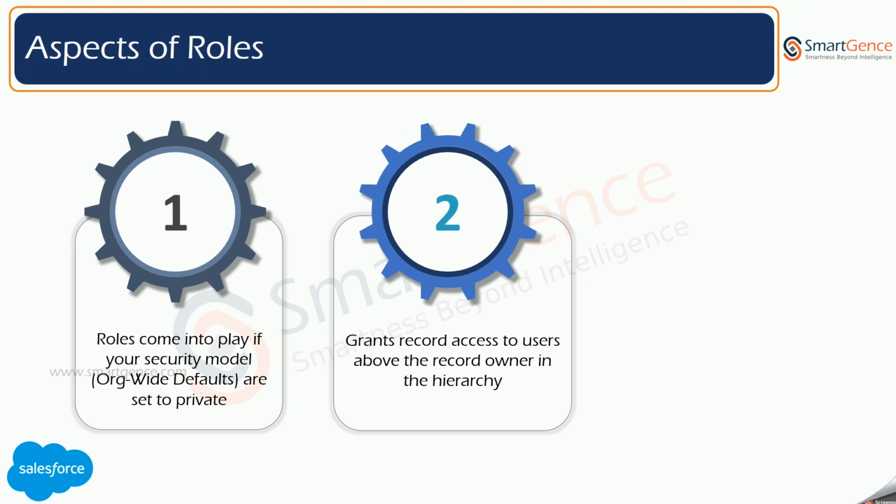That means only user B would have access to that record. Since user A is above user B in the hierarchy, he would also have access to that record, whereas user C, being below user B in the hierarchy, would not. So this is where roles come into play.